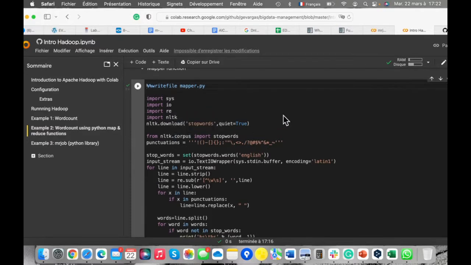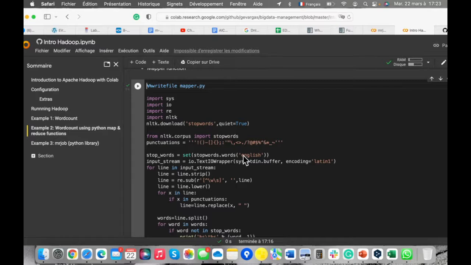Of course, this cannot be a general process. You have to know which is the language of the text, because depending on the language, stop words will change.